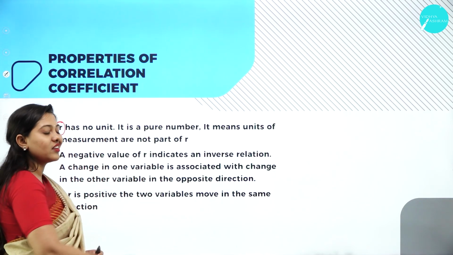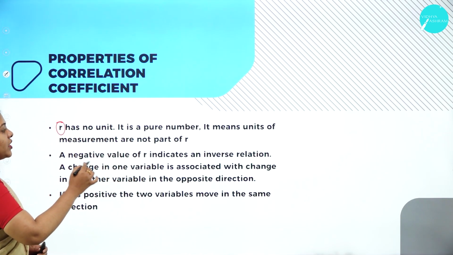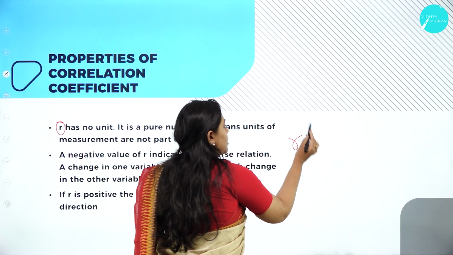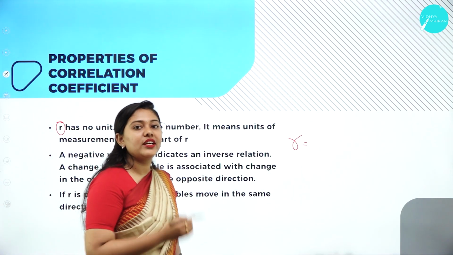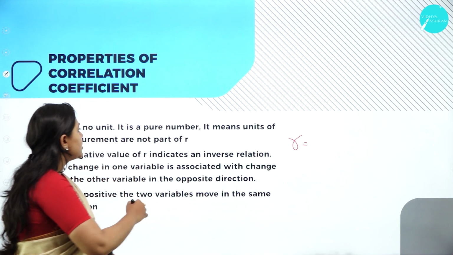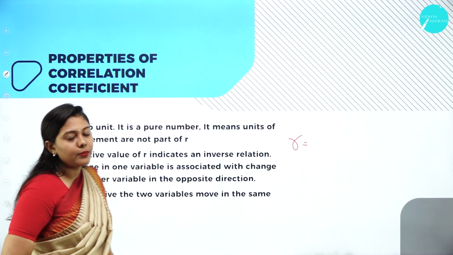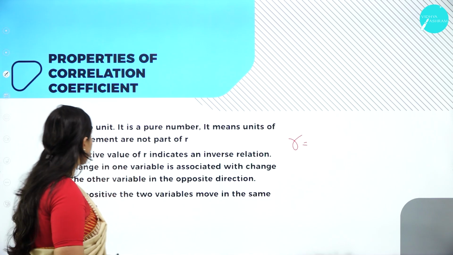It is a pure number. It means units of measurement are not part of R. R is just a number. That is the first and most important property of Karl Pearson's coefficient of correlation.